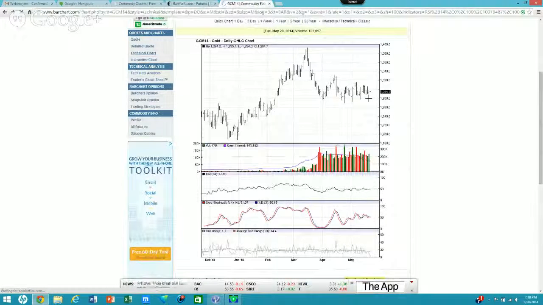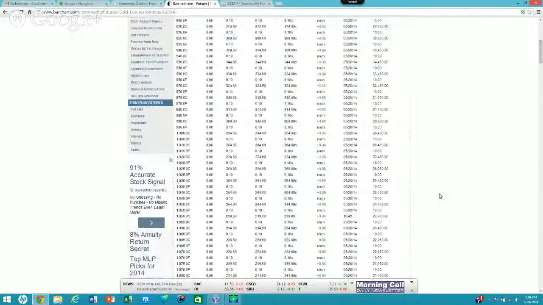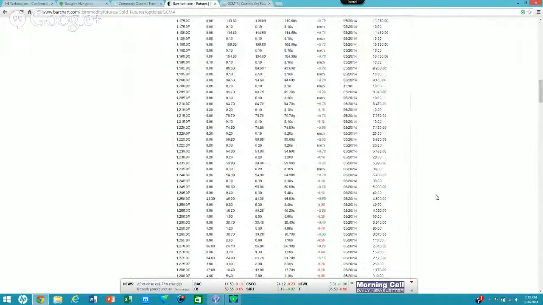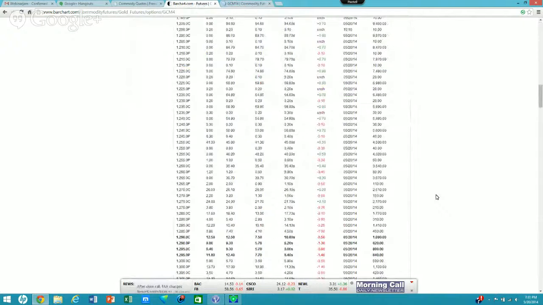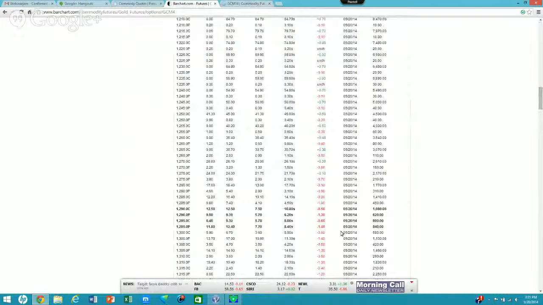And so let's see what a 1295 to a 1290 put spread is going to cost us. This is what's called a debit spread. It's a directional spread. Our risk is going to be defined by whatever this costs us. So it's $840, and the 1290 is at $620. So it costs us $220 to put that trade on.